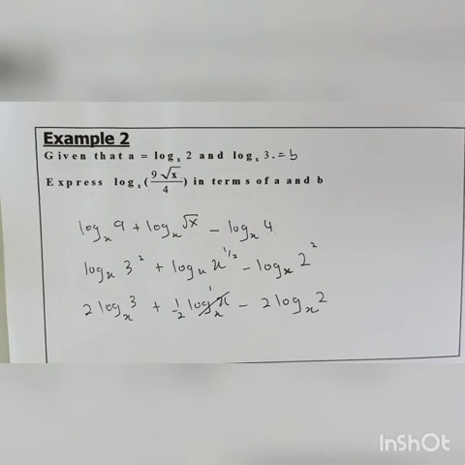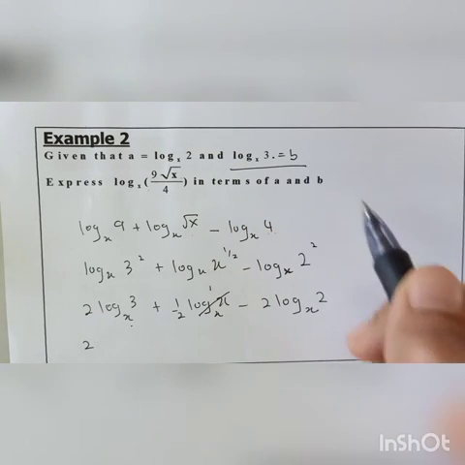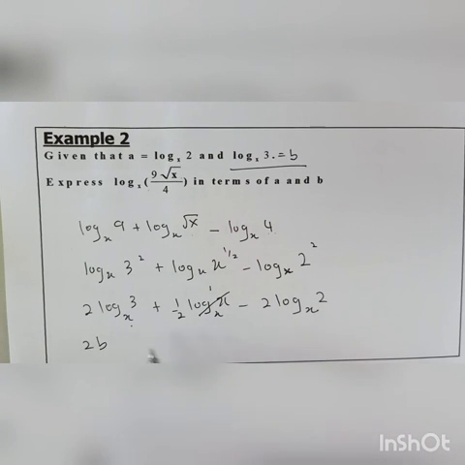We substitute: log 3 base x equals b, so this is half times 1 equals half, minus 2 log 2 base x, which equals a. So this is the final answer for example 2.